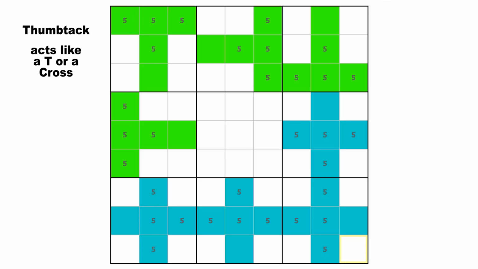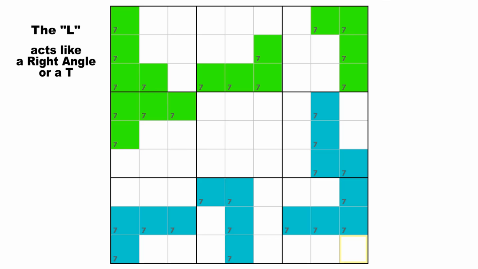Those all can be perceived as a cross. And likewise, with the L or the periscope, when the 3 cells are on the edge, they act just like right angles. You see? And when the 3 cells are in the center, they act just like a T.